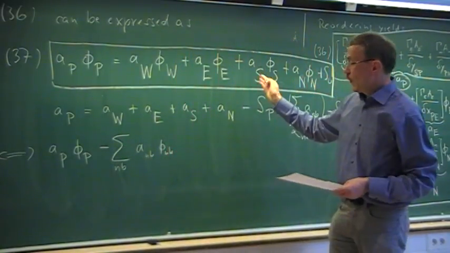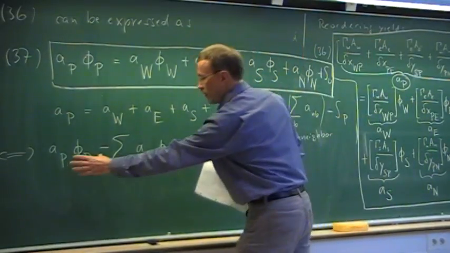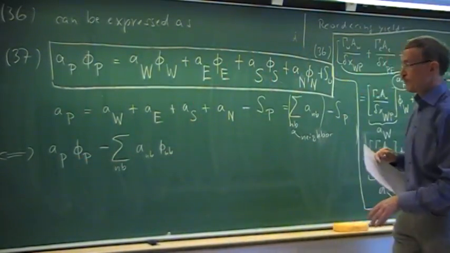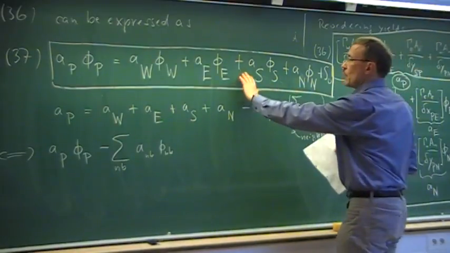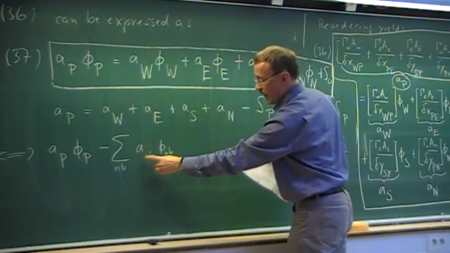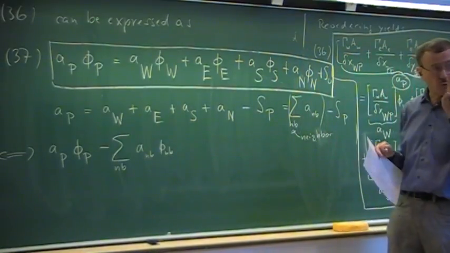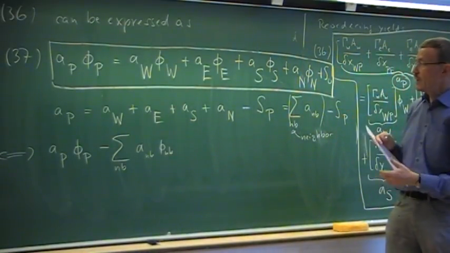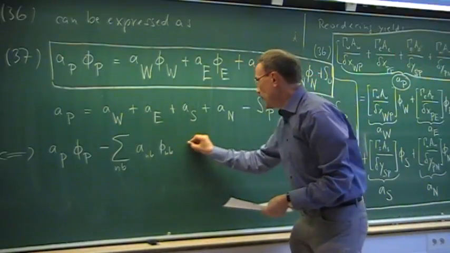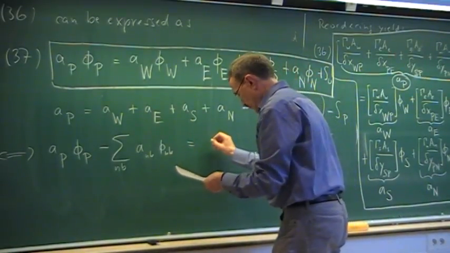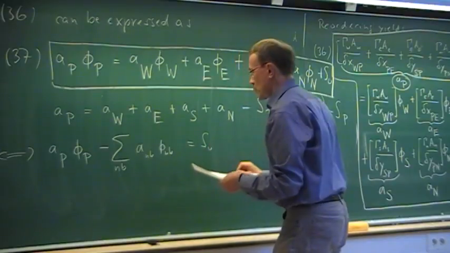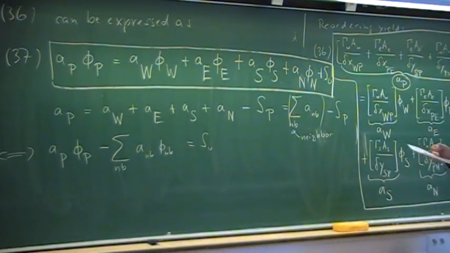You see, the AP phi p is untouched, and then we bring these coefficients on the left-hand side. So this means A capital W, phi capital W, and so on. These four summands are written on the left-hand side, and that is equal to the uniform part of the source term.